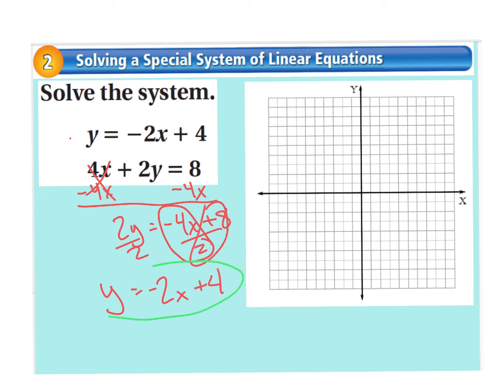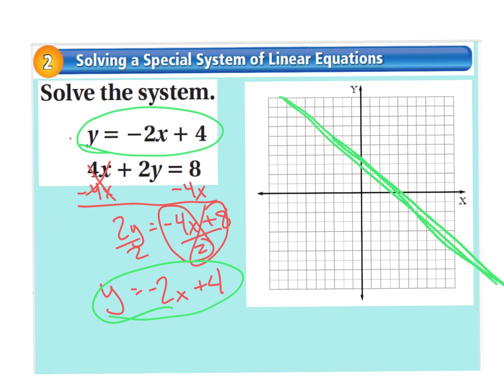Now, if you look, this equation is the same as that equation. So if I graphed it, it would look something like that, and the other line would look exactly the same. I did a really bad job, but you're going to get the exact same line, which means every single point on that line is going to be a solution. I call that all solutions.